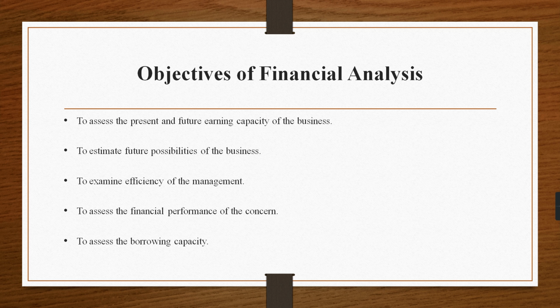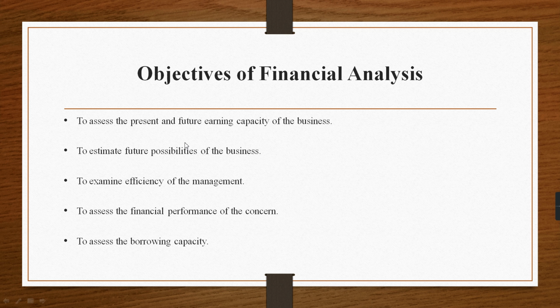Then to estimate the future possibilities of the business. So we can easily estimate the future possibilities of the business, whether the company is going to be successful or it is going to be unsuccessful. With the help of financial analysis and interpretation, we can predict it.